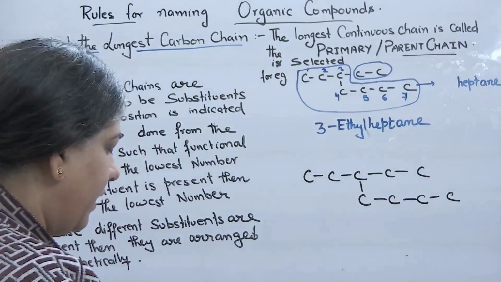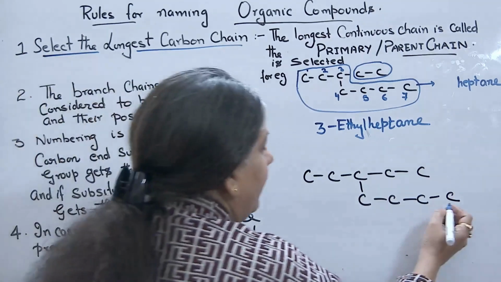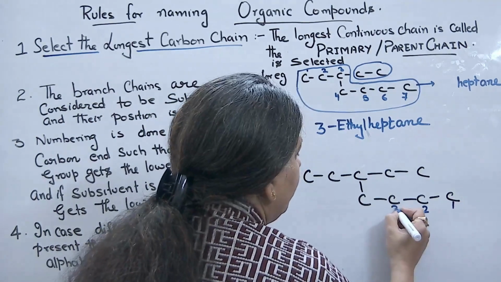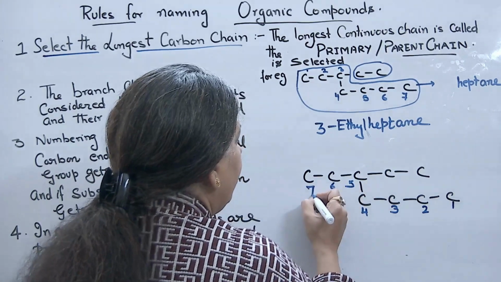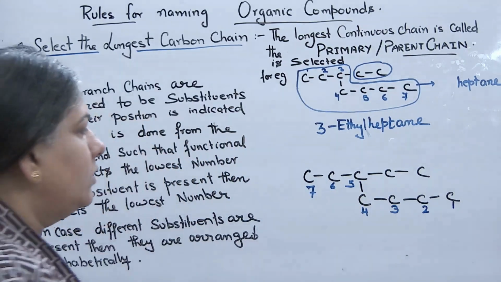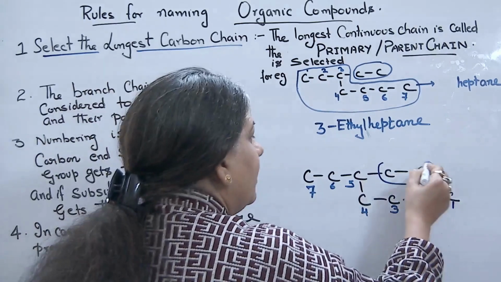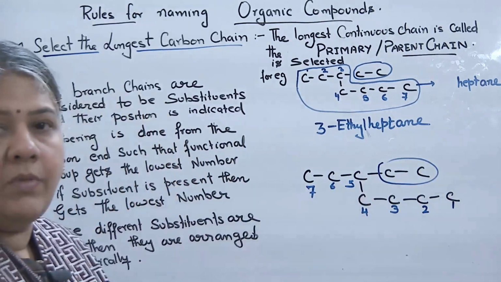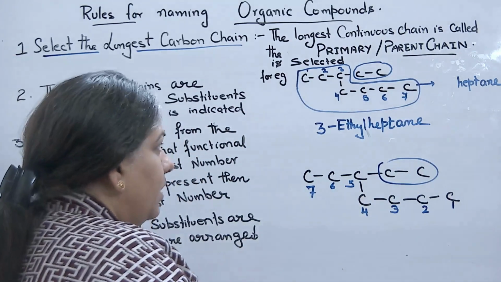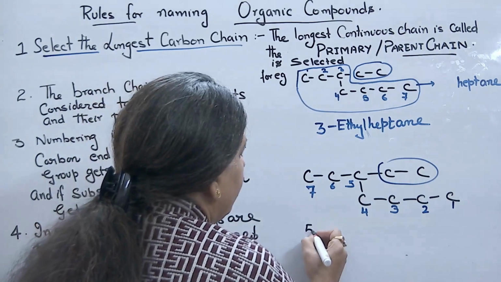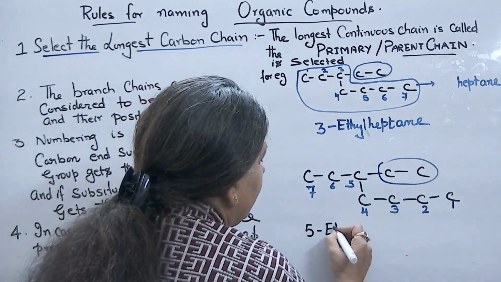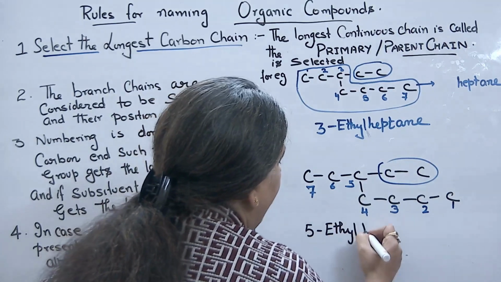See this numbering: if we start numbering from this end, 1, 2, 3, 4, 5, 6 and 7, the substituent gets the number 5. So the naming will be 5-ethylheptane.